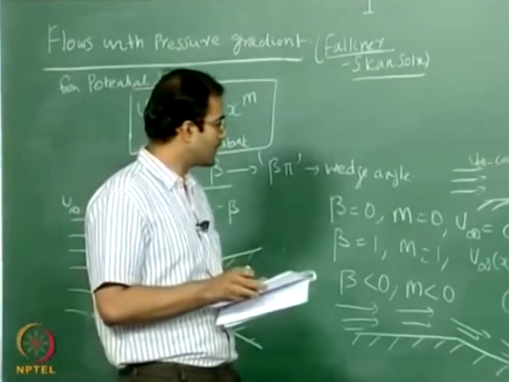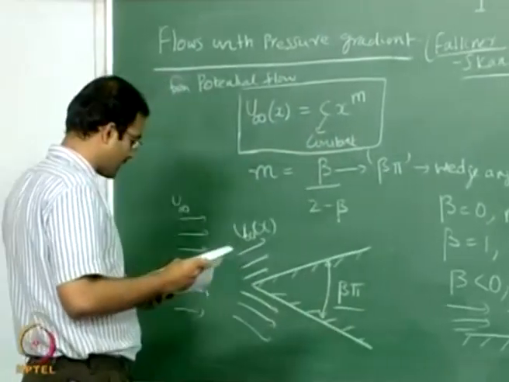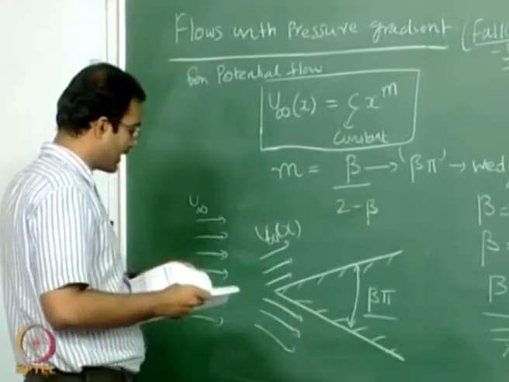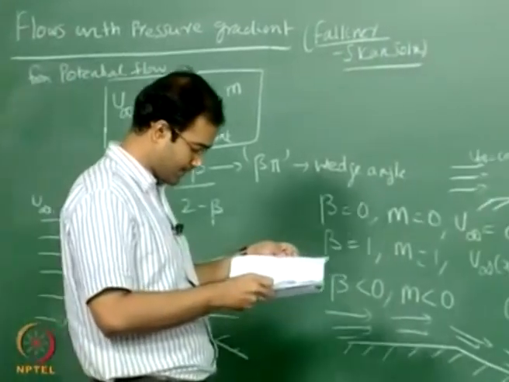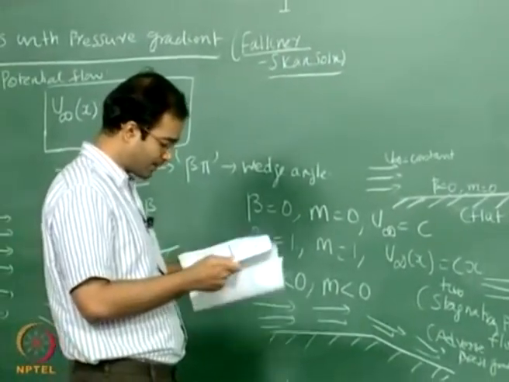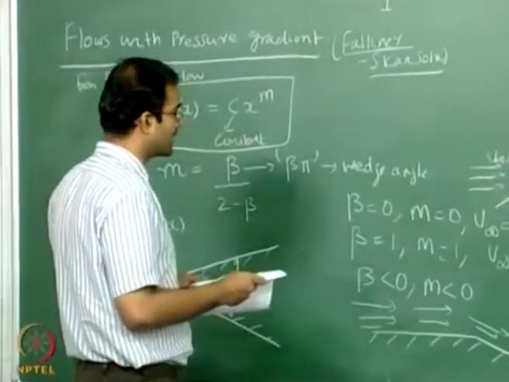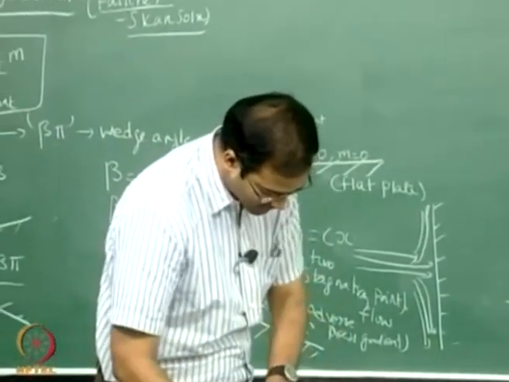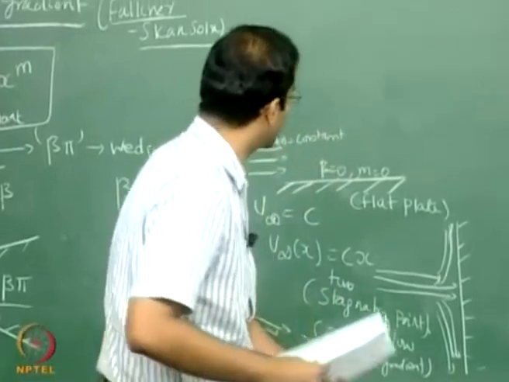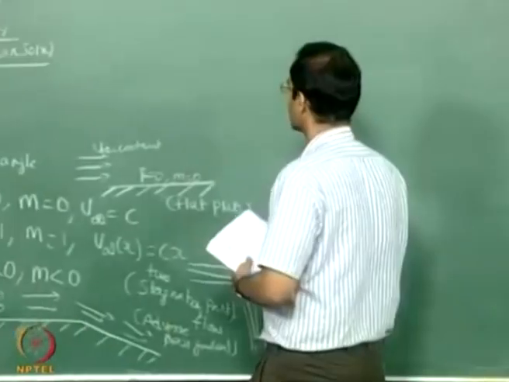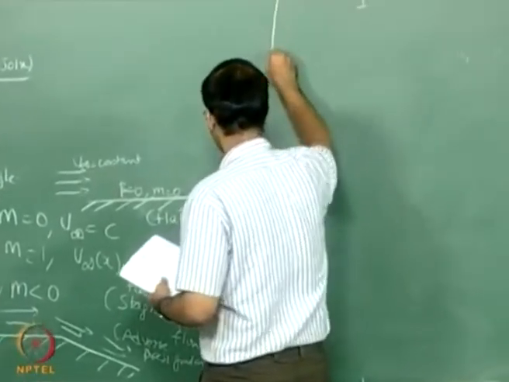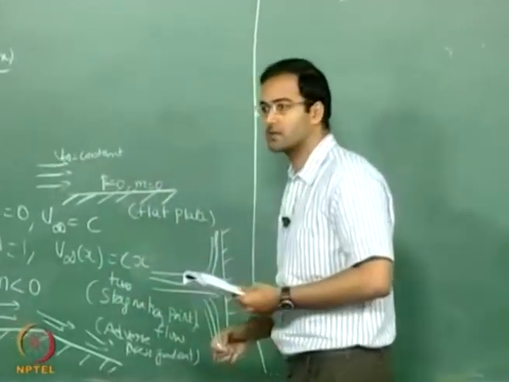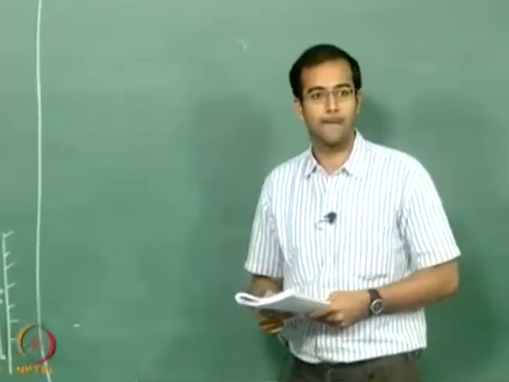So now what we are going to do is, for this class of problems, try to reduce the partial differential equation to a similarity equation. So can you all try to write down the governing equations for this kind of problem? For flows with pressure gradient, how do the boundary layer equations look?